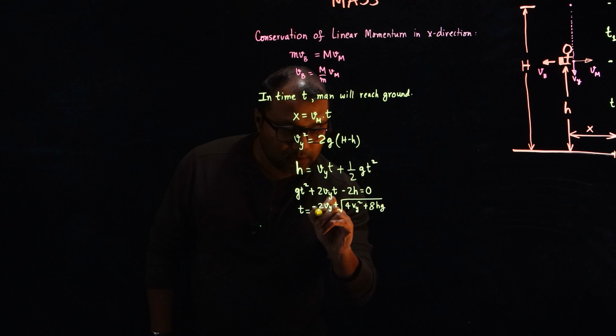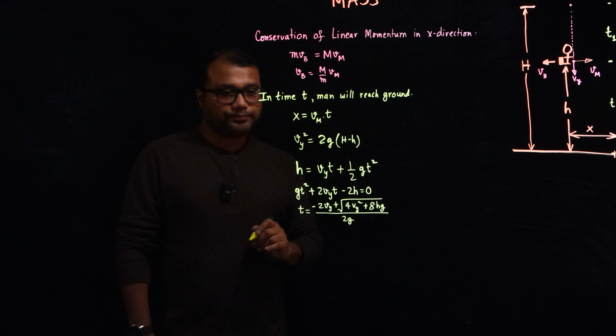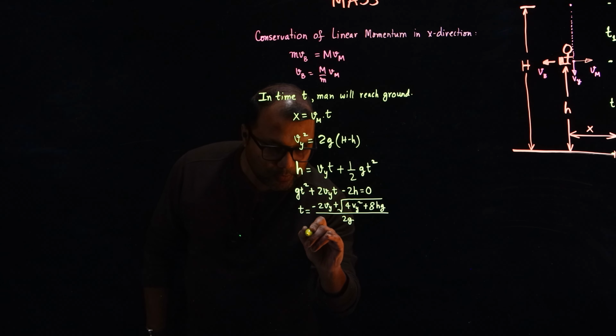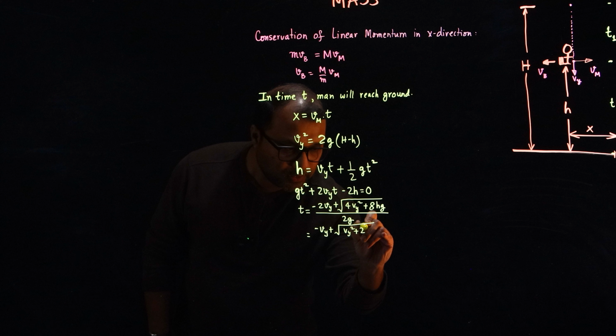Now we can cancel out the 2's, so t is minus Vy plus root over Vy square plus 2hg, divided by g.